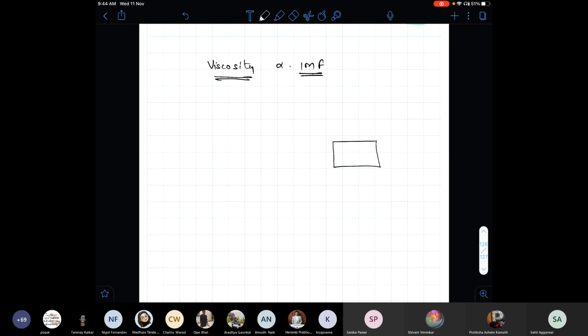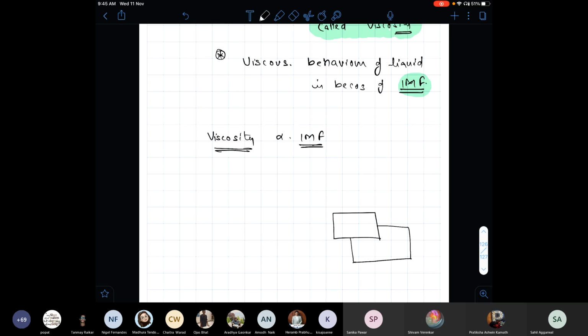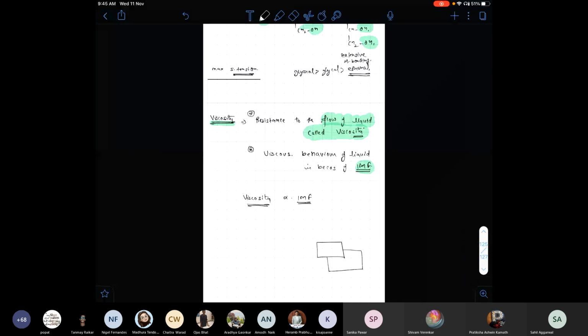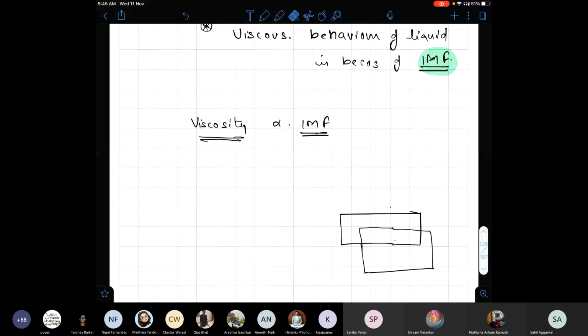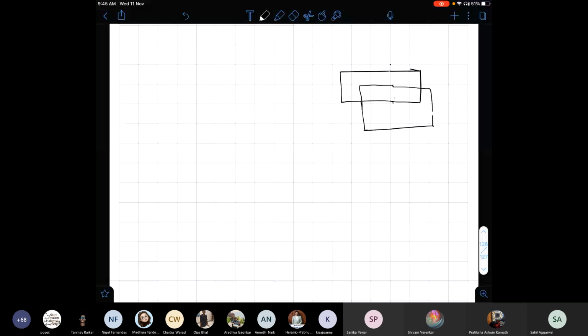If you consider two layers of liquid, this one is touching the floor. The floor you can say is the resisting surface, the viscous surface.